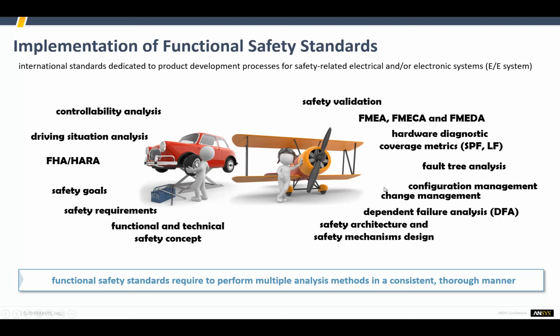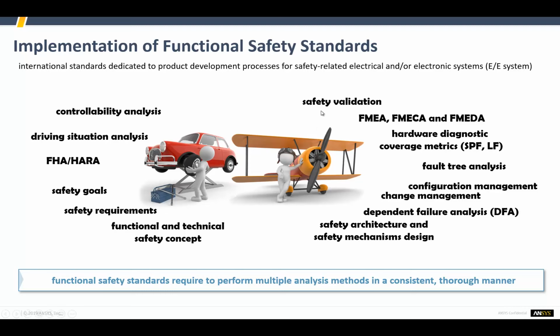Again, none of these methods is really new; they have all been in place for many, many years. But the requirement to have all these methods integrated with each other and working together towards the ultimate goal of a functionally safe product remains a challenge.